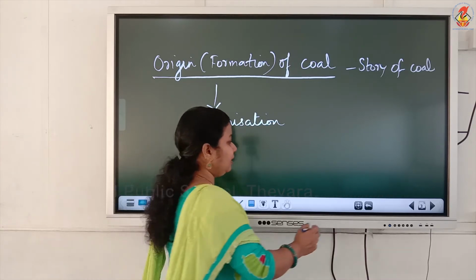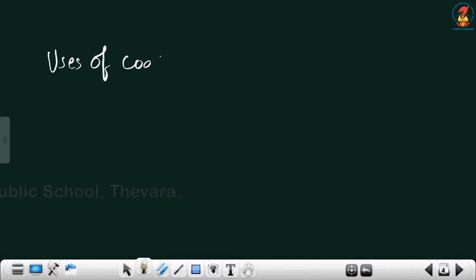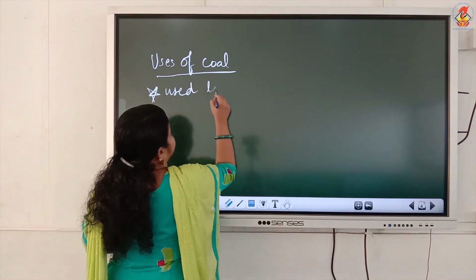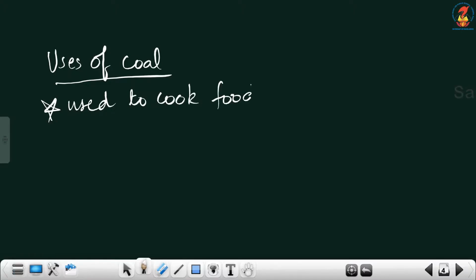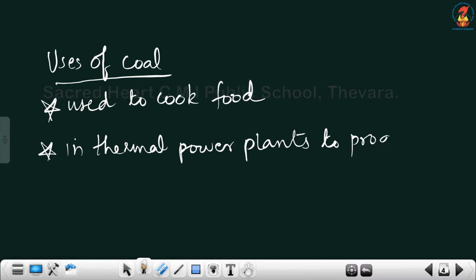Now, the uses of coal. Coal is one of the fuels used to cook food. Then it is used in thermal power plants to produce electricity.